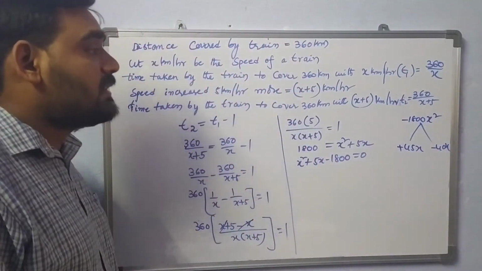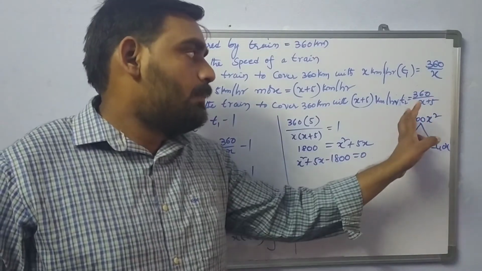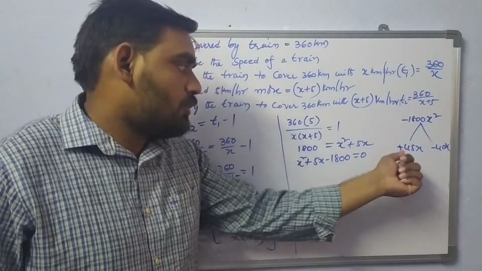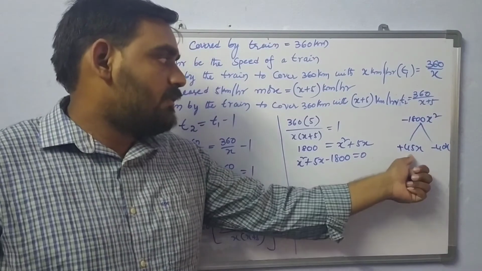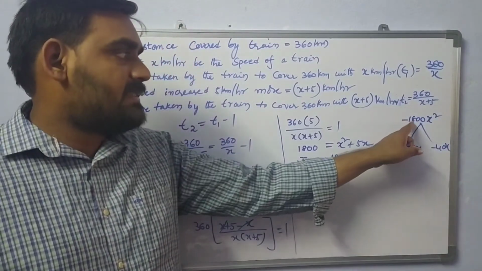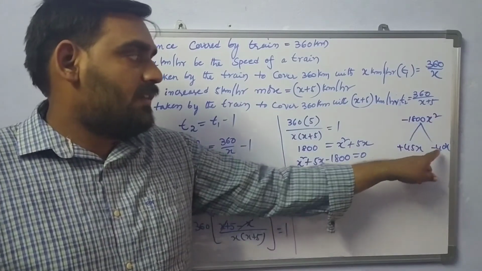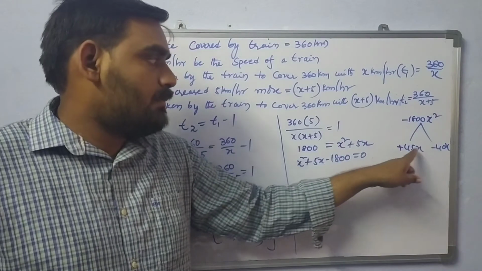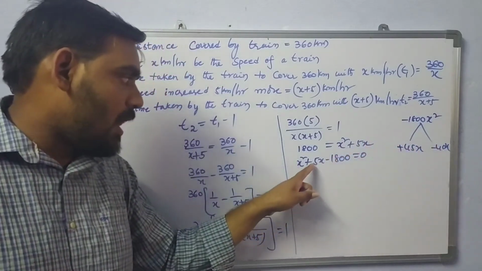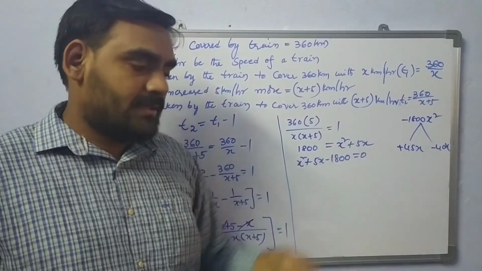You may have the doubt, sir, how did you get 45 and minus 40? Here we need to find prime factors of 1800, so that you can find 45 and 40 are factors of 1800. We need to get minus 1800 x square, no? So that only I have taken plus 45x and minus 40x. At that time the sum of these two things should also be equal to plus 5x. So that only I have taken like this.